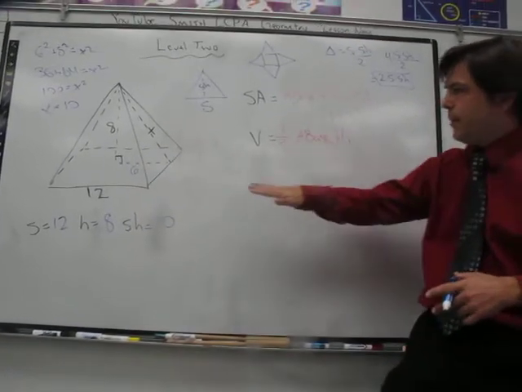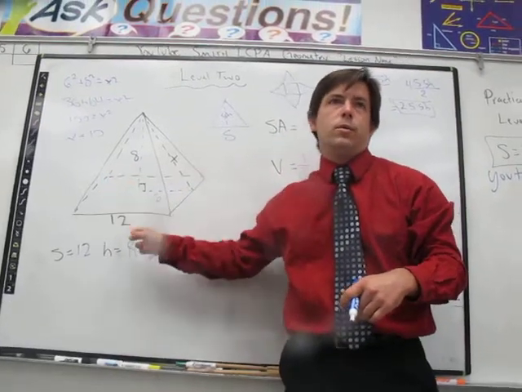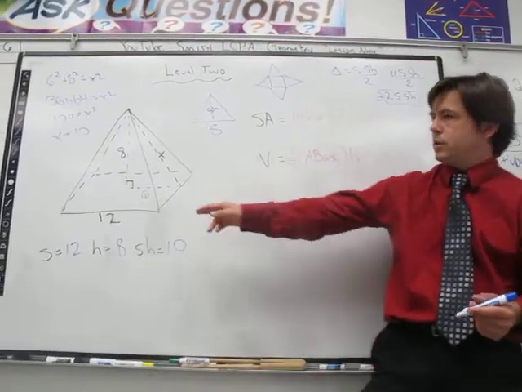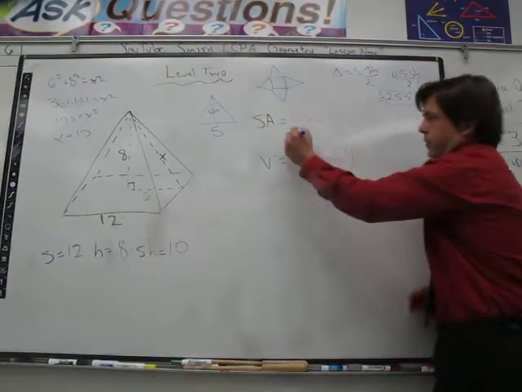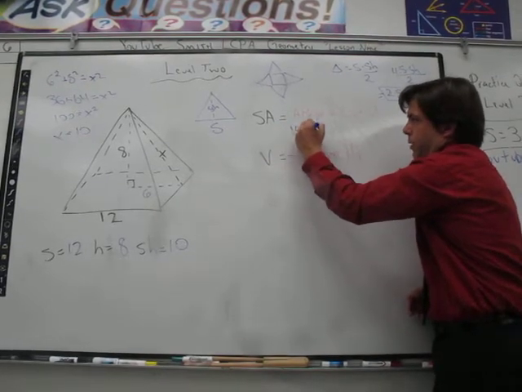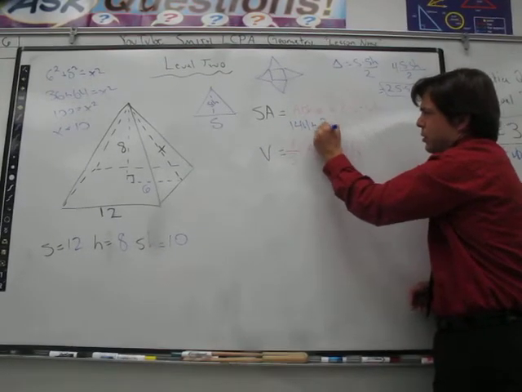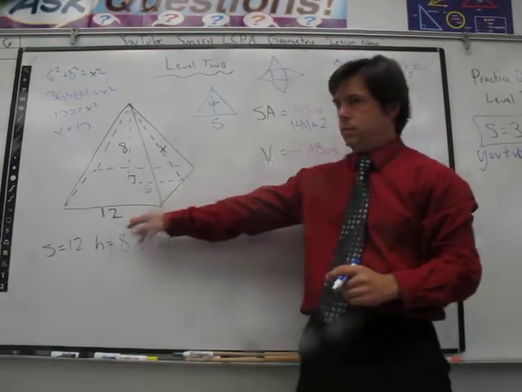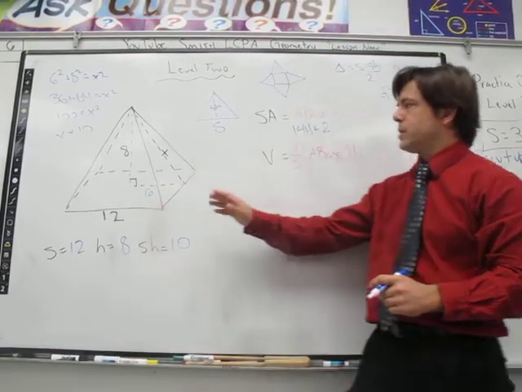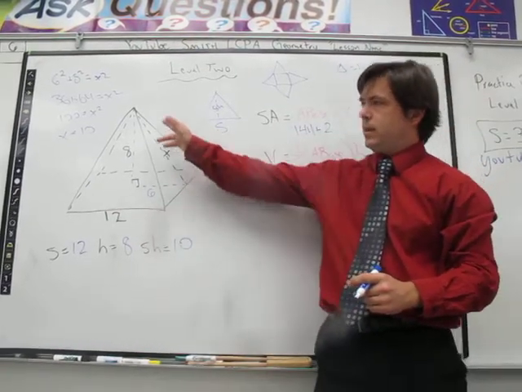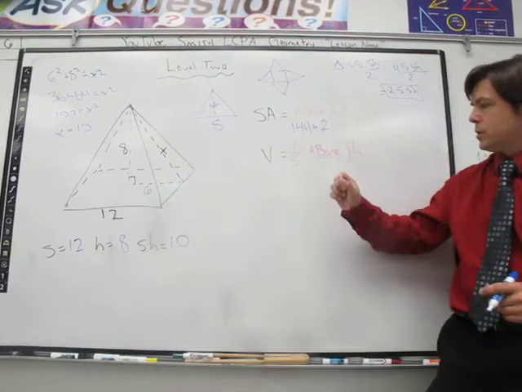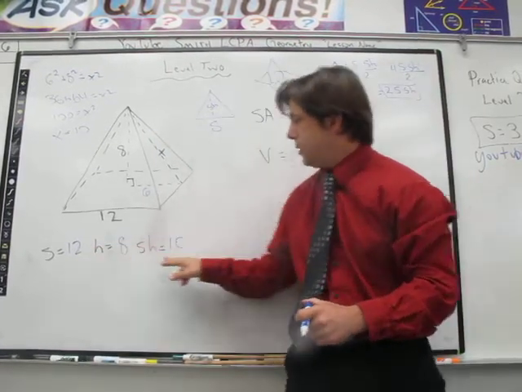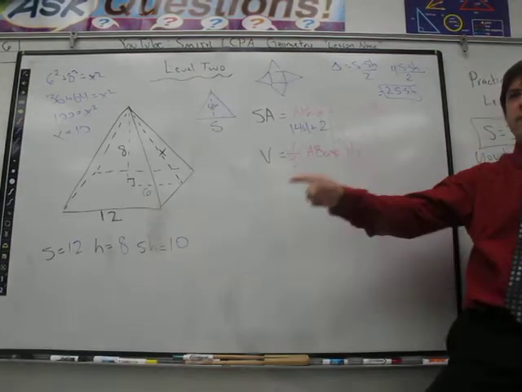Okay, so the area of the base means the area of the square. So the square formula is s squared. So what's 12 squared? 144. So it's 144 plus 2 times what's S? 12. And what's the slant height? X, but we figured it out. 10. So it's going to be S times SH, right? We already figured out the variable, so it's easy.